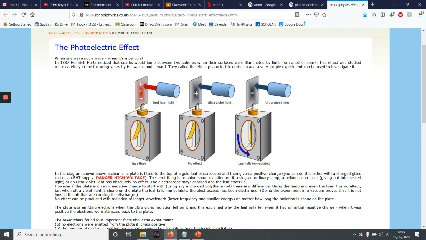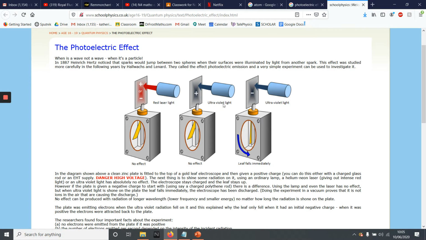So if frequency goes up, then the energy goes up. Now, ultraviolet light has a higher frequency than visible light, so ultraviolet light has a higher energy associated with it than laser light.